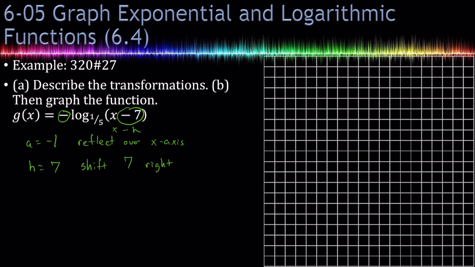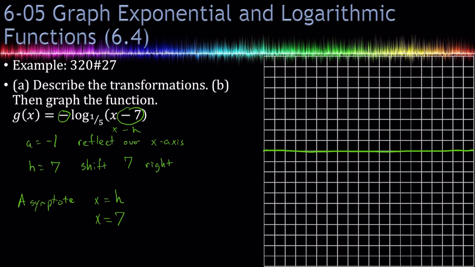So to graph, we're going to need to know the asymptote, and our asymptote is going to be x equals h. In this case, it's x equals 7. Now notice on my grid here, I don't have an axis, so I need to put one in. So we'll make that the x-axis.